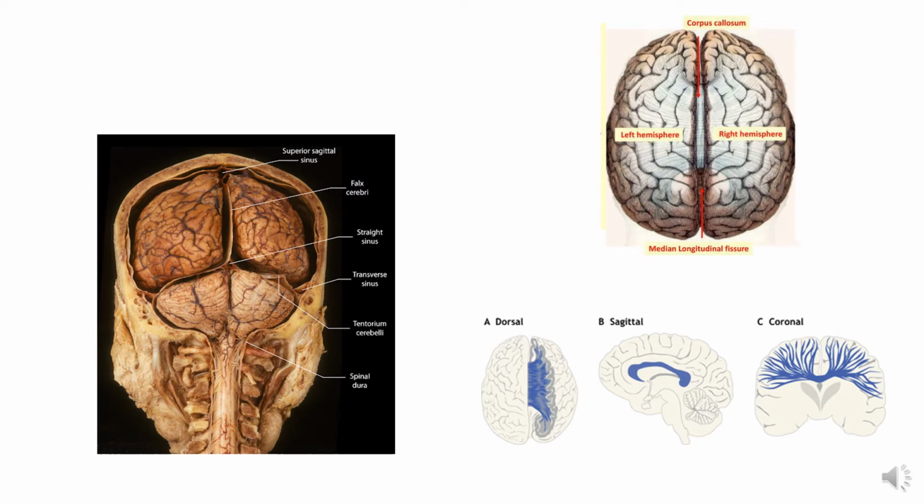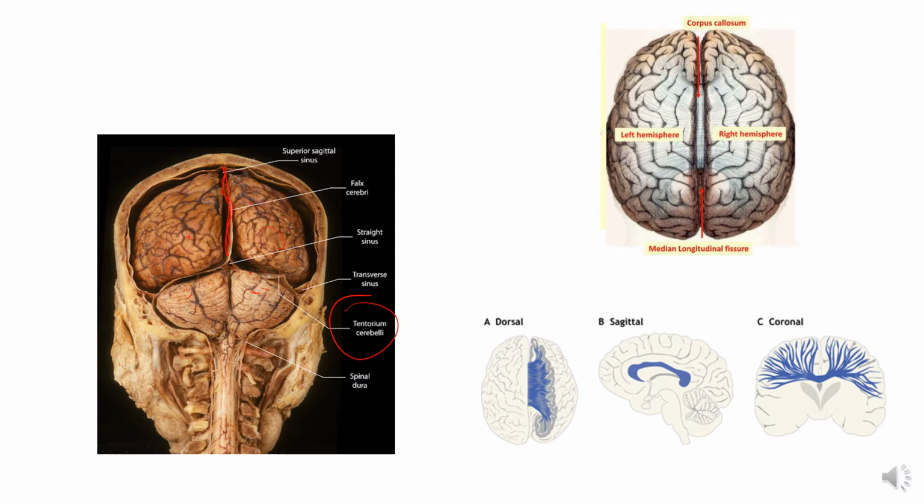As you can see here, the two cerebral hemispheres are divided by the fold of the dura mater known as falx cerebri, and the cerebrum is separated from the cerebellar hemispheres by the tentorium cerebelli.